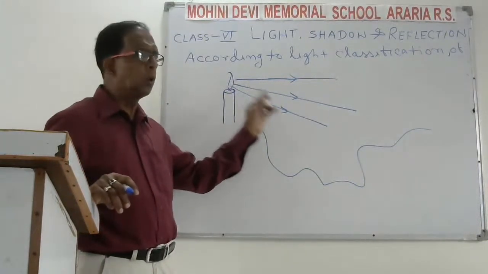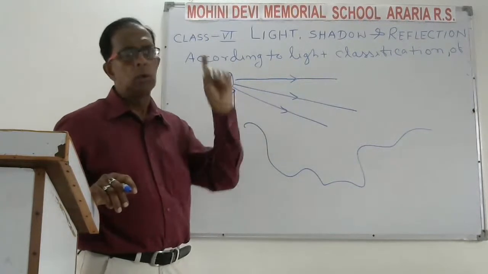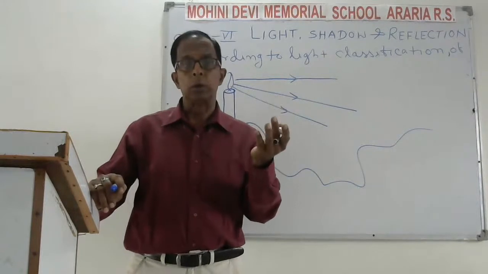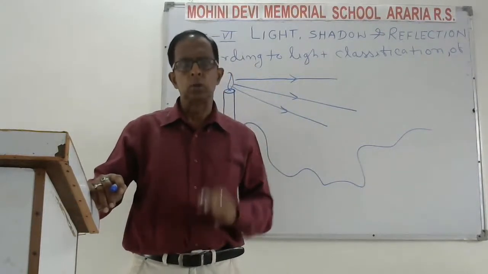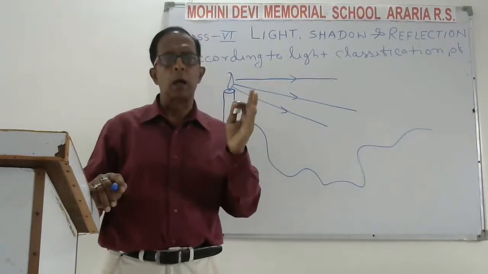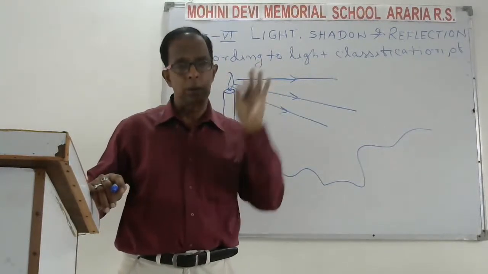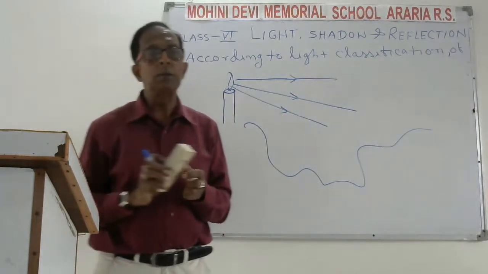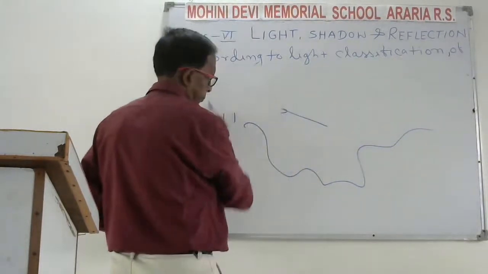It propagates on a straight path. Yes, my children, you have learned in the first session of this chapter. I am going to show you so many instances, so many phenomena in which we prove that light propagates on a straight path. In that, one is formation of shadow.